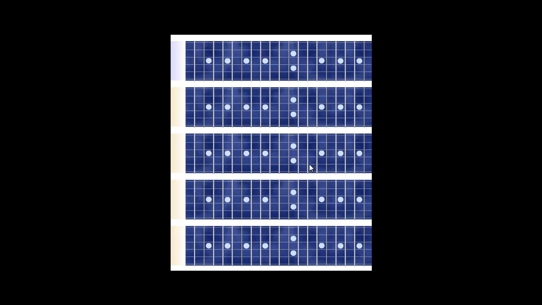So go back and review each individual position or pattern from 1 to 5. Okay, we're gonna learn how to connect the 5 to create the CAGED system.